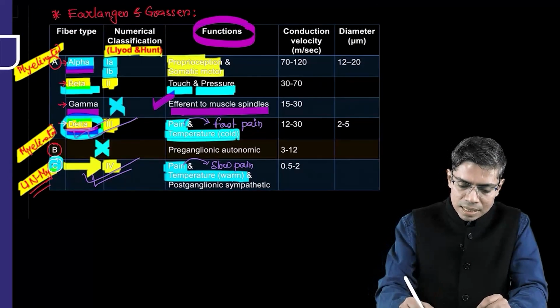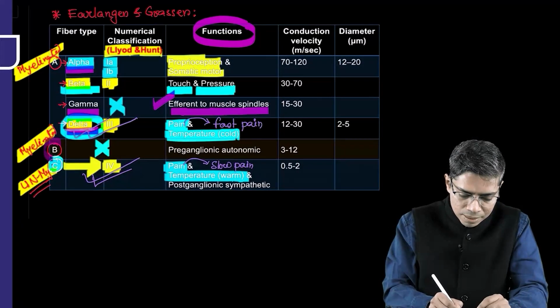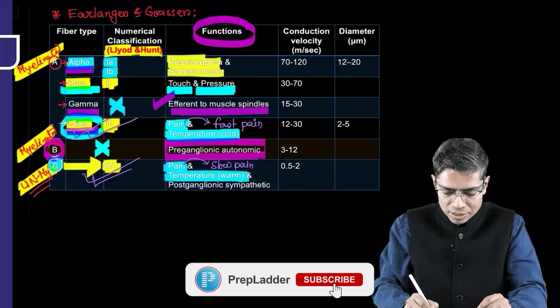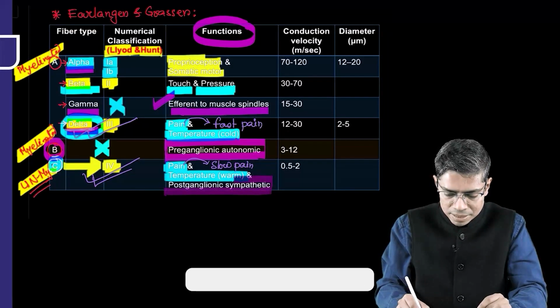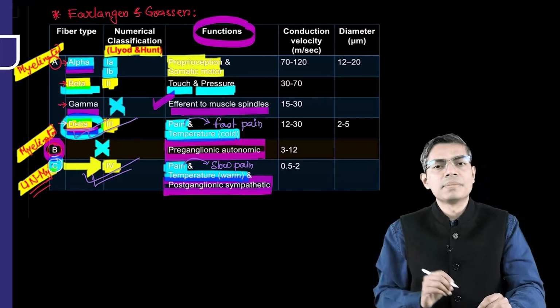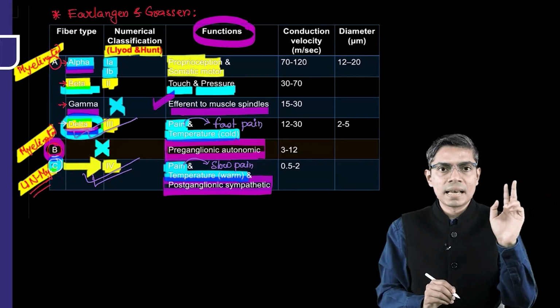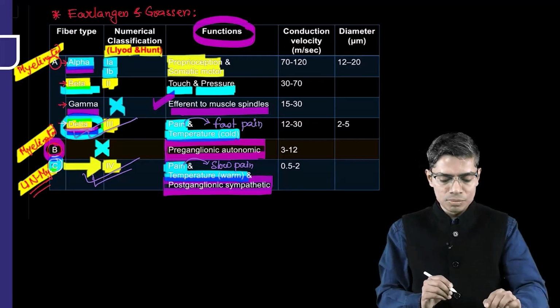Now in between, if you look at this B fiber, the B fiber is the autonomic fiber, that is the preganglionic autonomic fiber is the B fiber, and the postganglionic autonomic fiber, mainly the sympathetic, is the C fiber. Getting my point? So B fiber is the preganglionic autonomic fiber and C fiber is the postganglionic autonomic fiber.